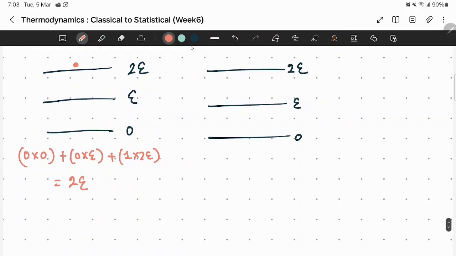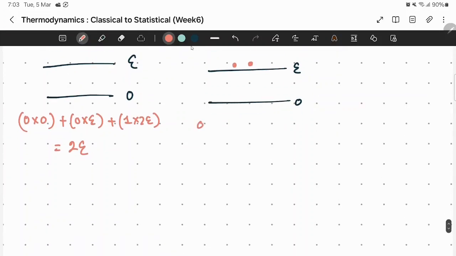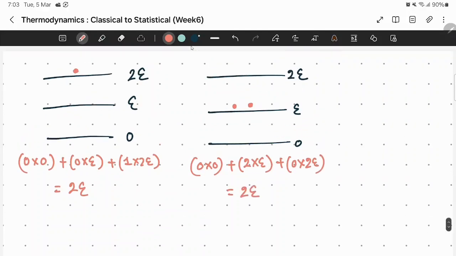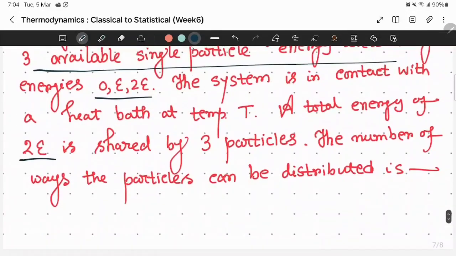Okay, again this should be another possibility. So here it will be 0, epsilon, epsilon. What else? Is there any other possibility? How many particles are there?